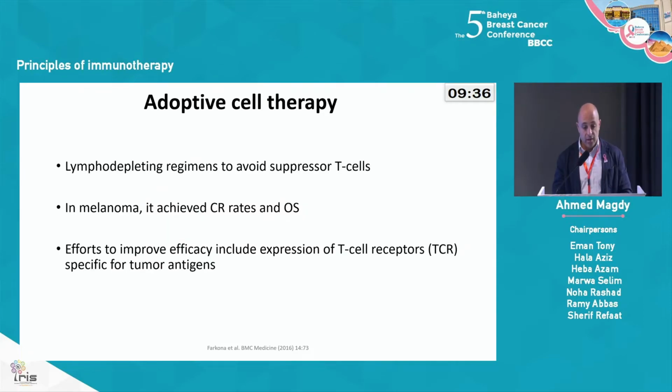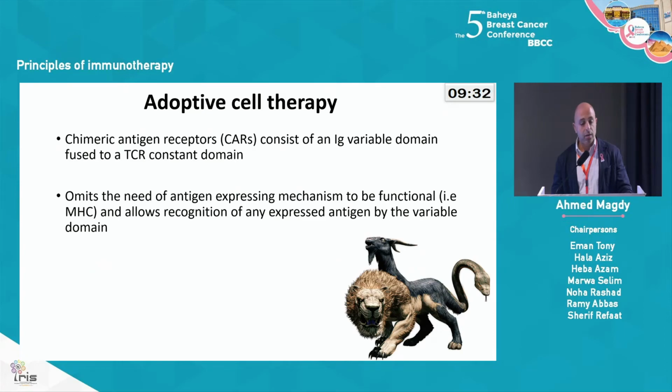And actually, this was very successful in melanoma. Now it's gaining ground in oncology, mainly in hematology, but now also in breast cancer, which was just mentioned at the last ESMO this year in Paris, that now they are using adoptive cell therapy in breast cancer.